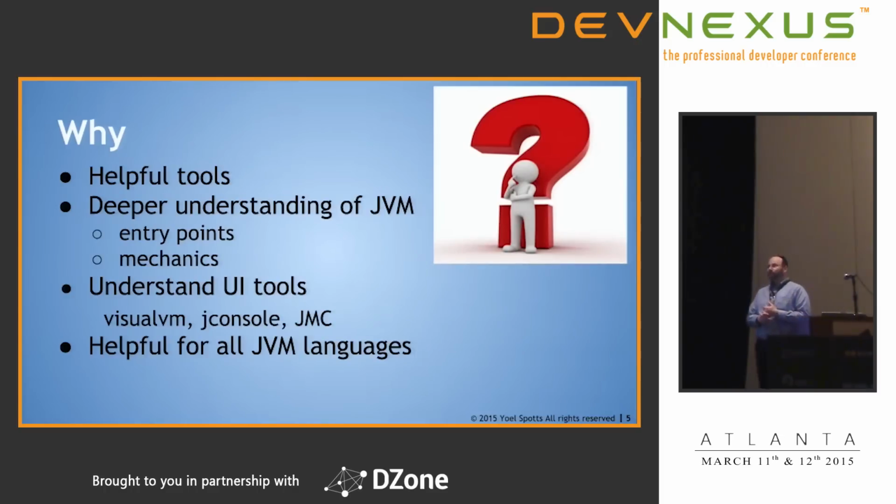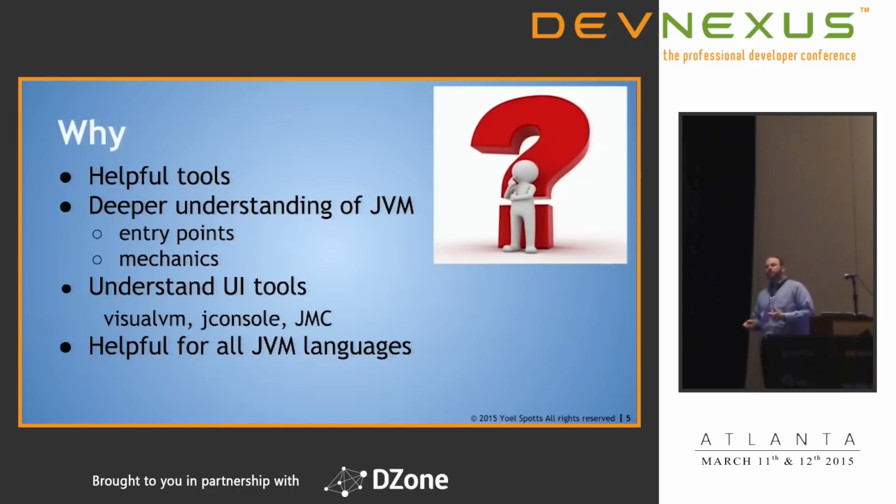So that's the very first thing. Second thing is, even if we never use these tools, I think you'll see that an understanding of how these tools work and what they accomplish will give you a deeper understanding of the JVM. When you're going through the process of developing code, even putting it in production, it's very easy to just look at your code as a series of bytecodes and not think past the JVM in terms of bytecodes and the execution of those bytecodes.